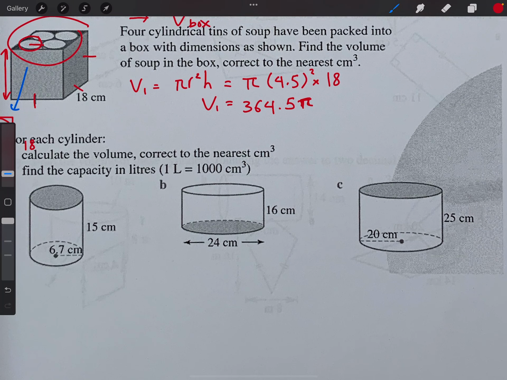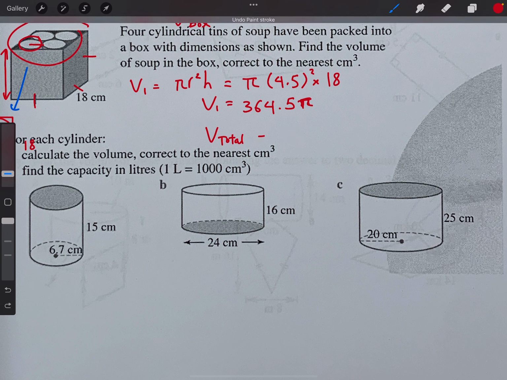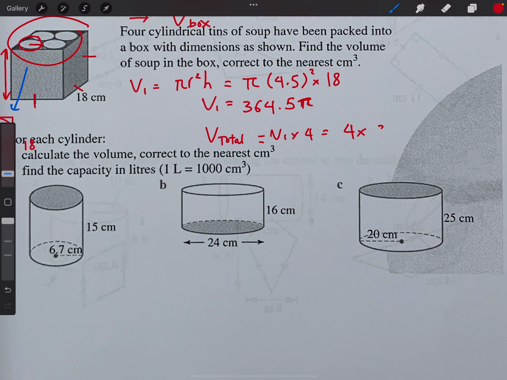Now we have 4 cans of soup, so the total volume of all the soups is going to equal V1 times 4, which equals 4 times 364.5 pi.